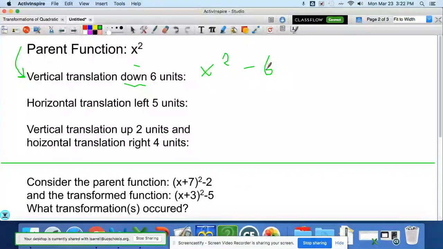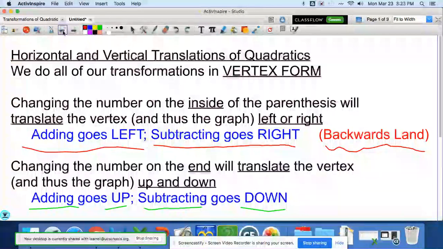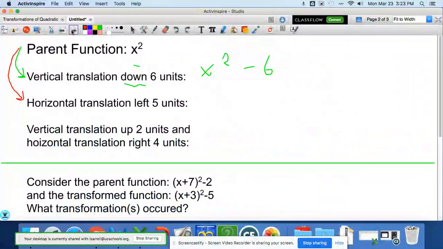Next, our second example, and we're going to start with the parent function again. Notice this, I'm not using the last one for my next example. I'm starting with the parent function. We want to go left 5 units. Well, as it says in your notes, left and right is inside the parentheses. And you say, well, Mr. Earl, there's no parentheses at the parent function, so where do I put it? Well, think about what vertex form usually looks like.